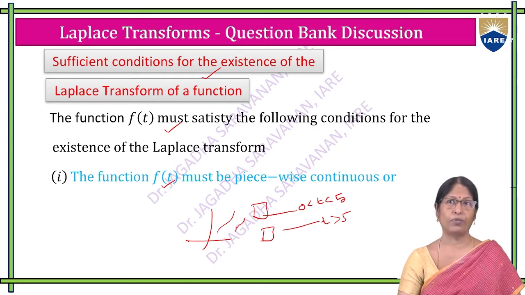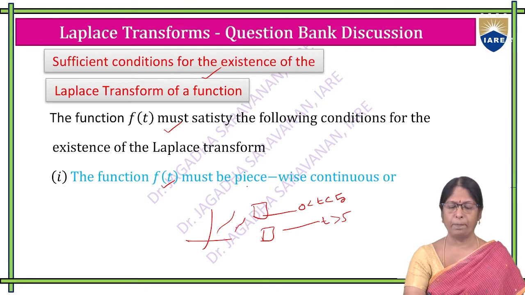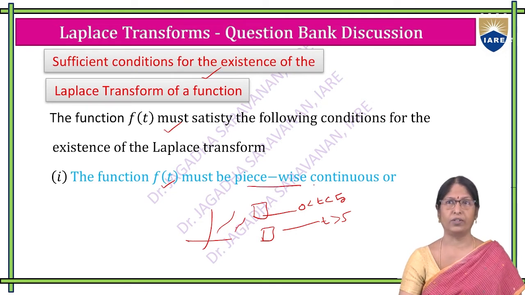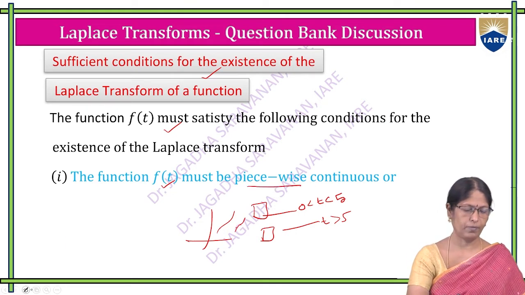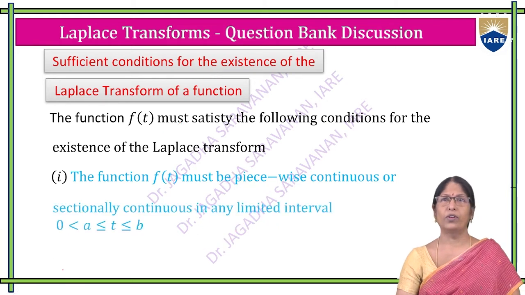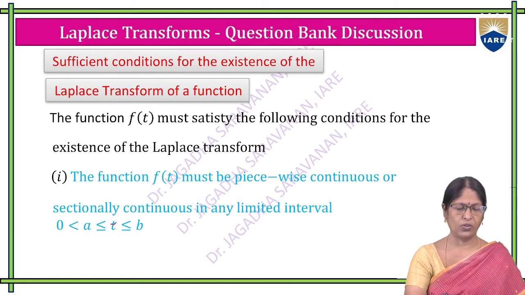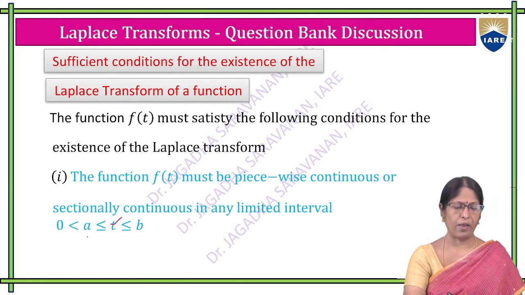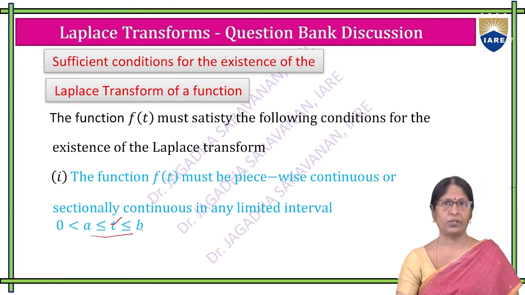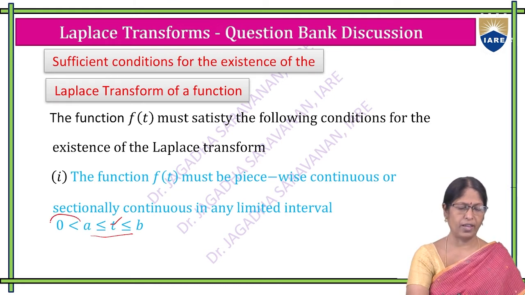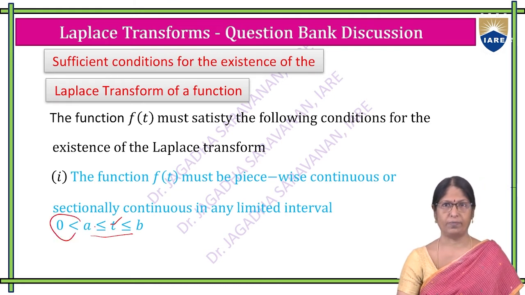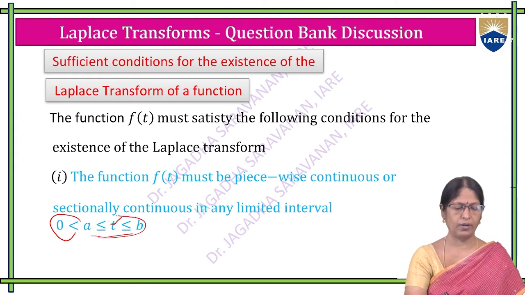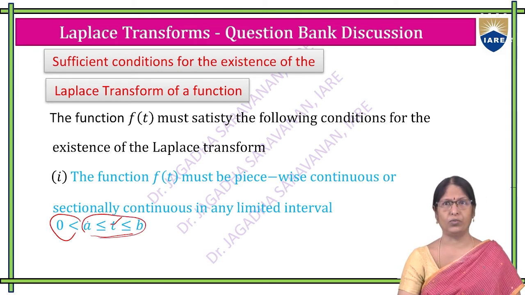Such functions are called piecewise continuous. That is what is written here: t lies between a and b, everything positive, greater than 0.